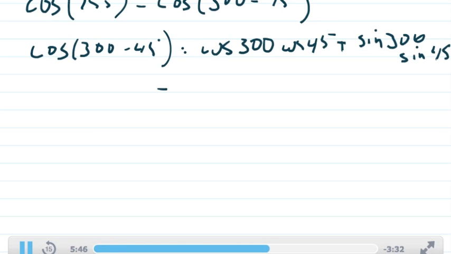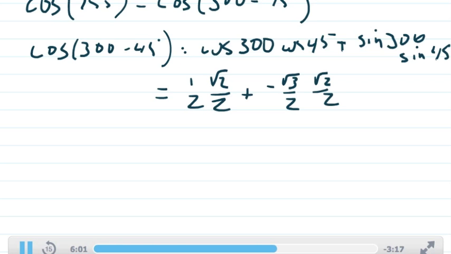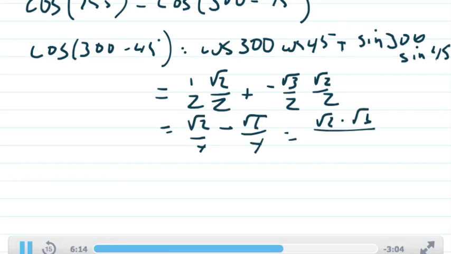Okay. So that's equal to cosine of 300, that's still a half. Cosine of 45 is square root of 2 over 2. Plus sine of 300 is minus square root of 3 over 2. And sine of 45 is square root of 2 over 2. So the cosine is square root of 2 over 4 minus square root of 6 over 4, which is square root of 2 minus square root of 6 over 4.